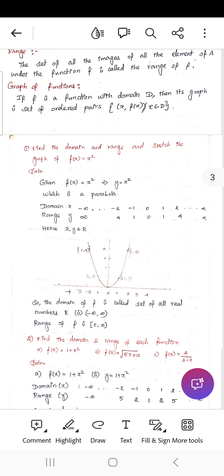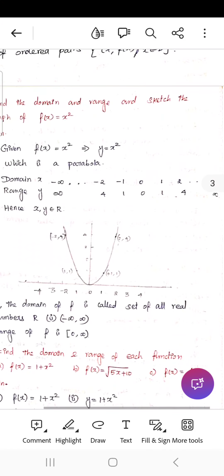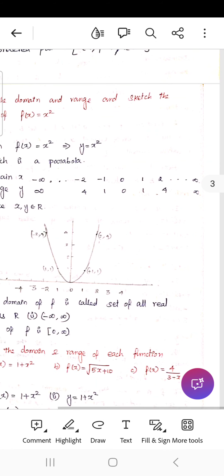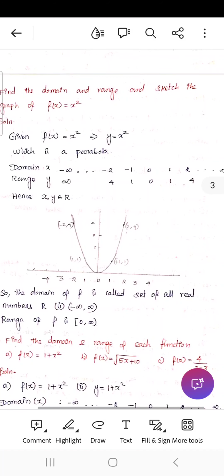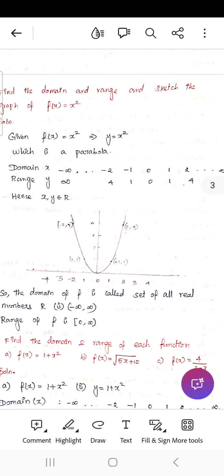Substituting these x values in y equal to x squared, the range of y is: minus infinity whole square is infinity, minus 2 whole square is 4, minus 1 whole square is 1, 0 square is 0, 1 square is 1, 2 square is 4, etc., infinity square is infinity. The range of y has minimum value 0 and maximum value infinity.